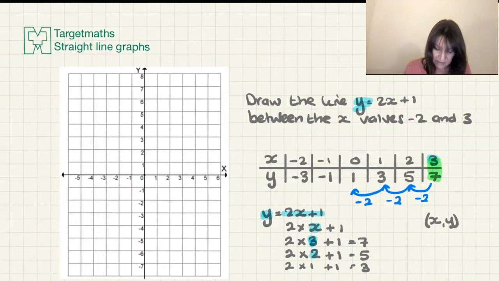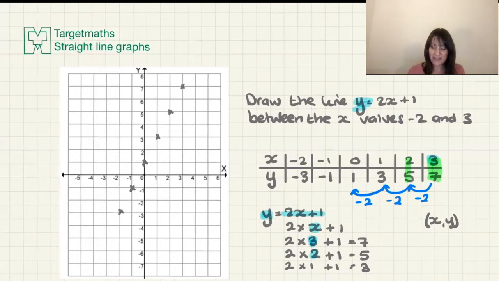That gets plotted there on the coordinate grid. My next coordinate is 2, 5. 2, 5 is plotted here. I've then got 1, 3, 0, 1, -1, -1, -2, -3.